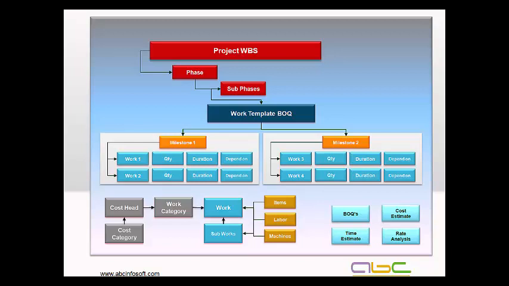While defining the BOQ, we have the activity, its quantity, its duration and its dependency. Once we have the BOQ prepared, the next step will be to prepare the project hierarchy in terms of phases, sub-phases and sub-sub-phases, and attach the BOQ with the hierarchy. After doing the estimation, we will have the entire project's cost estimation, time estimation, rate estimation and complete BOQ analysis.